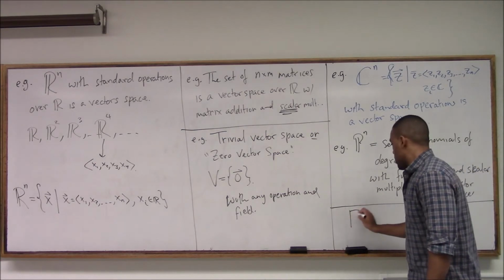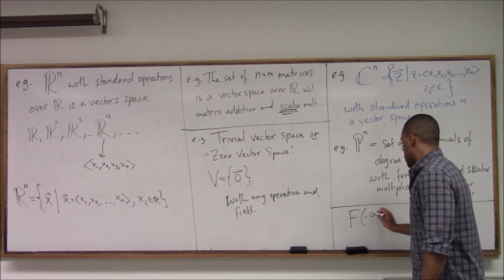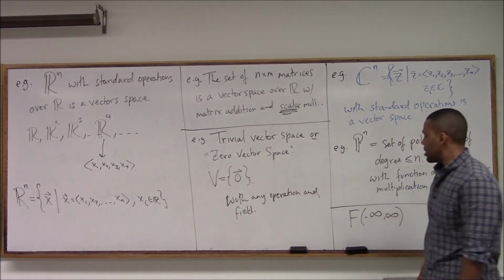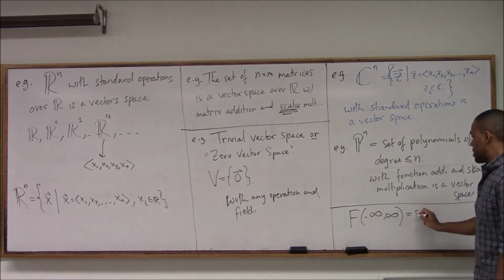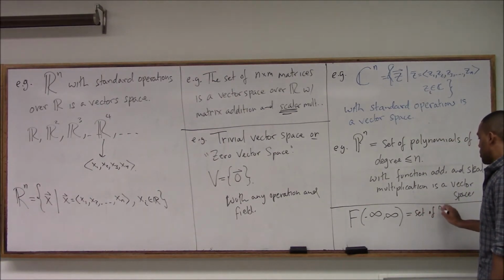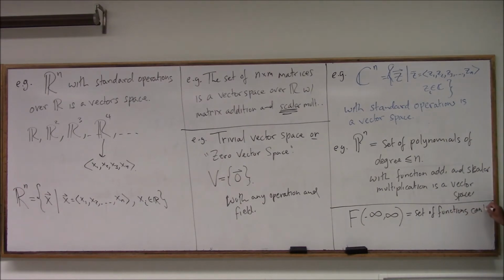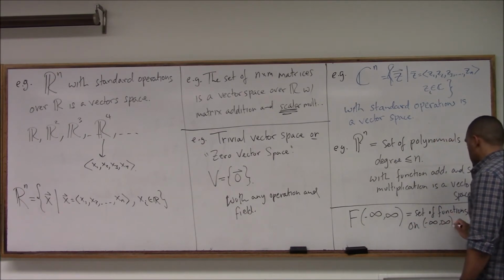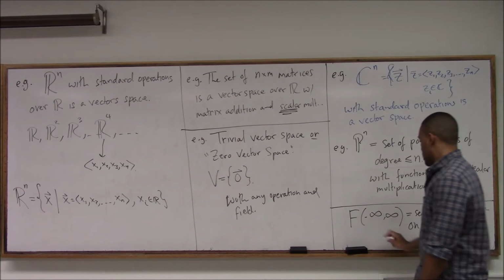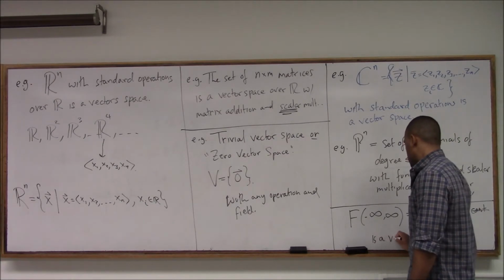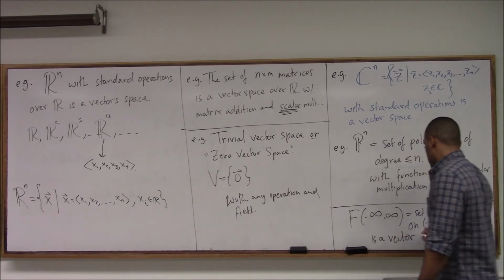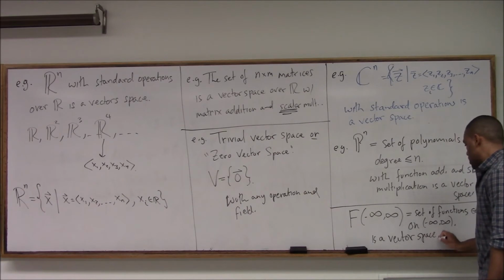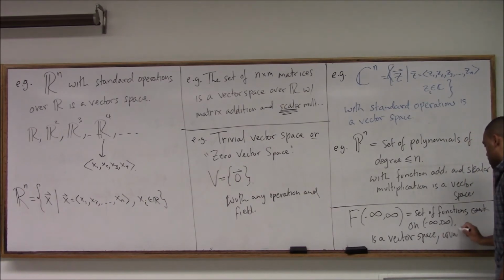There's something else: functions from minus infinity to infinity. This is the set of all continuous functions on minus infinity to infinity with function addition, and that is a vector space, with the usual operations.